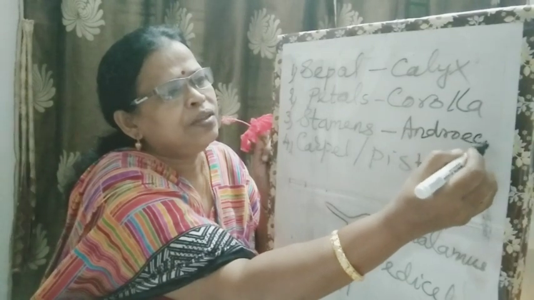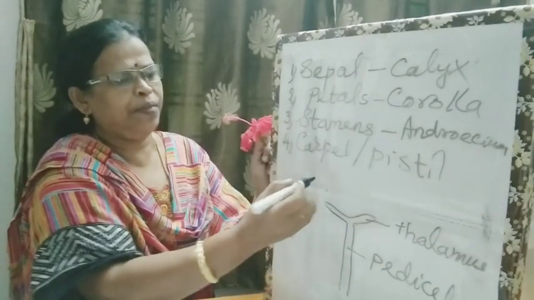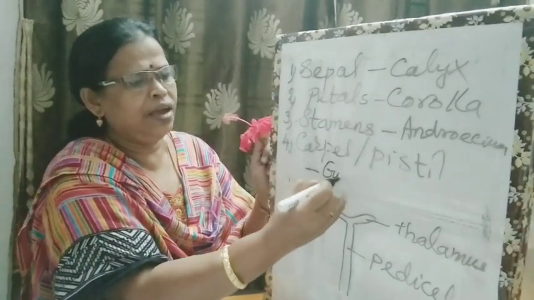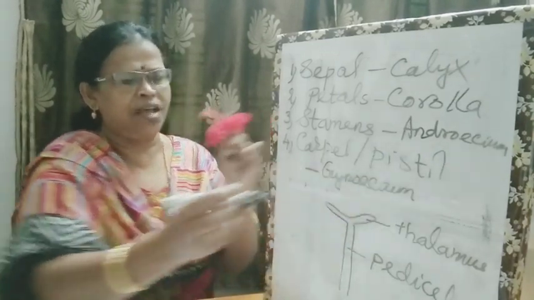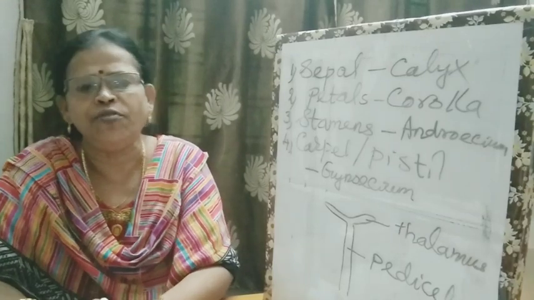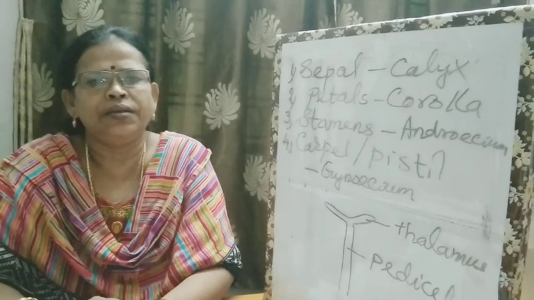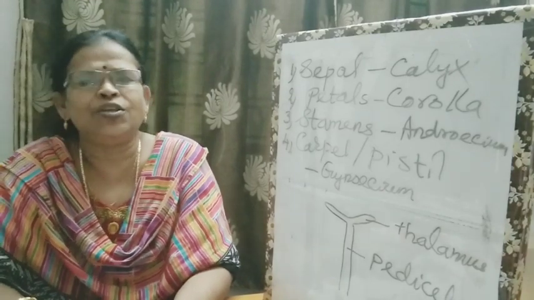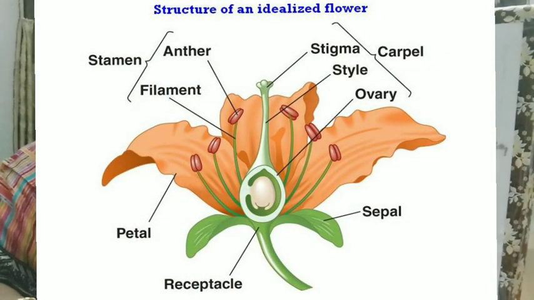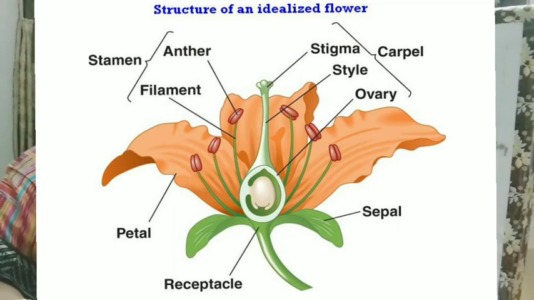And carpels, collectively called gynoecium. These are the four whorls of a flower. Can you repeat with me? Calyx, corolla, androecium and gynoecium.